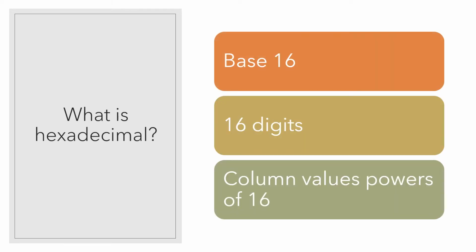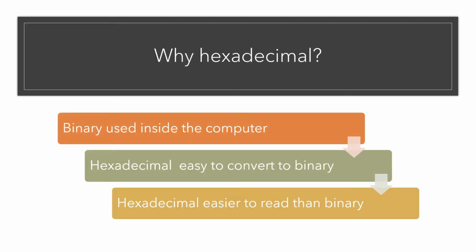Hexadecimal is base 16. That means it has 16 digits and the column values are powers of 16. Why do we have to learn hexadecimal in computer science? Well, obviously binary numbers are used inside the computer, but it's very easy to convert hexadecimal numbers to binary numbers.